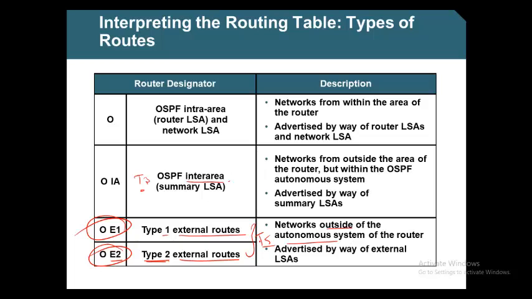In type 5, if you switch from E2 to E1, path cost will be added. If not, path cost will be whatever has been given during the redistribution time. Anyone has got any question on this?